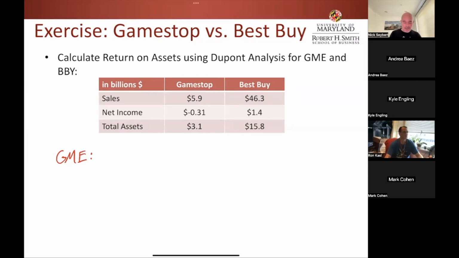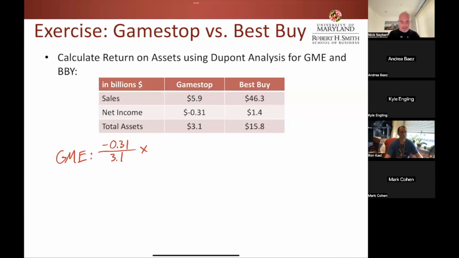But okay, the net income, unfortunately, is actually a net loss for GameStop last year, so negative 0.31 billion, or negative 310 million, divided by the total assets of 3.1, right? And then with DuPont analysis, in a little bit we're going to see a DuPont ratio with three ratios.